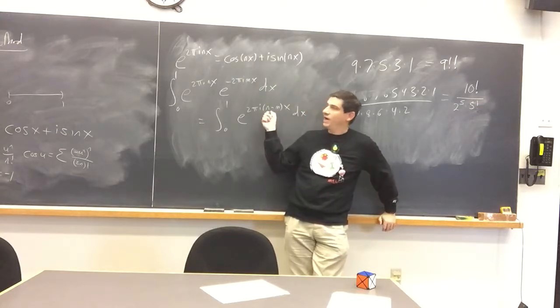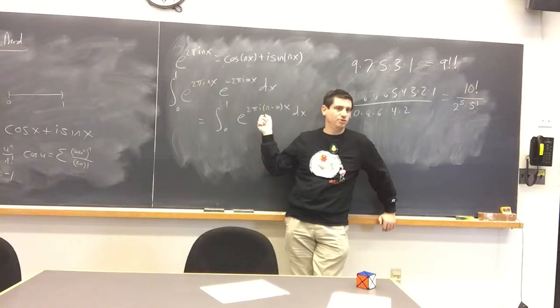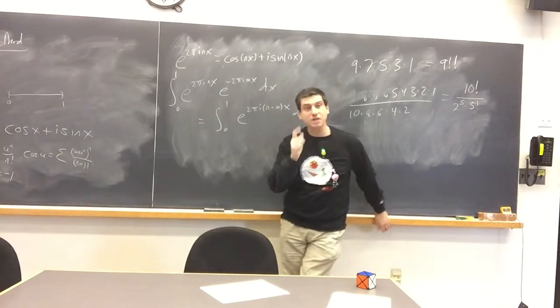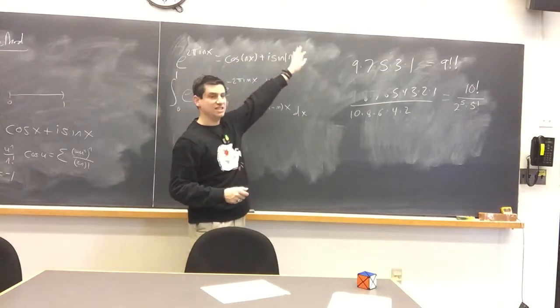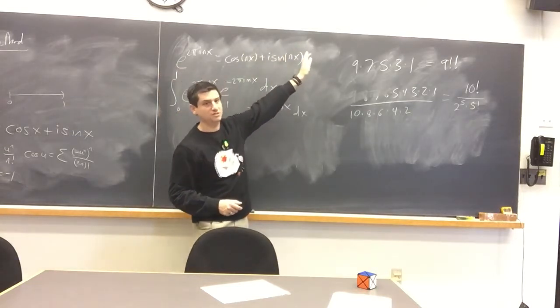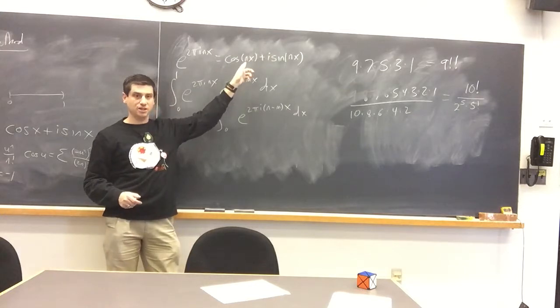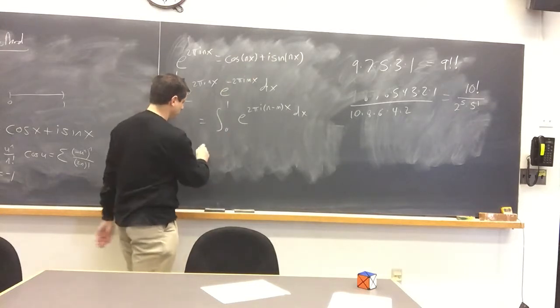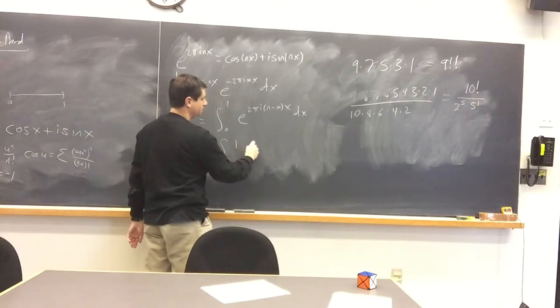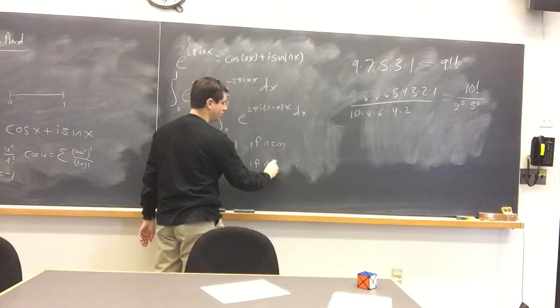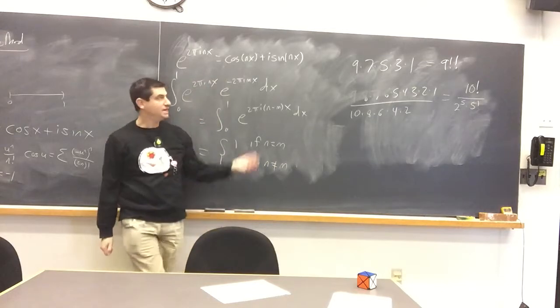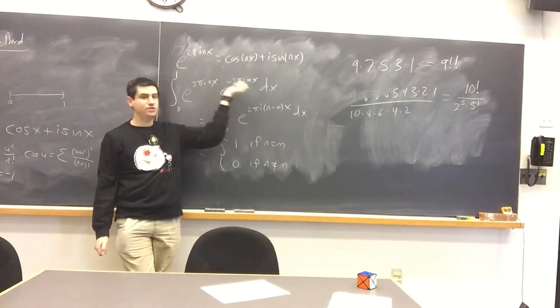So there's only one way this integral is not 0. When is this integral not 0? If n equals m. If n equals m, you get cosine of 0x plus i sine 0x. Sine of 0x is identically 0. Cosine of 0x is identically 1. So this integral is equal to 1 if n equals m, and 0 if n does not equal m. It's a way of detecting if these two things are the same.